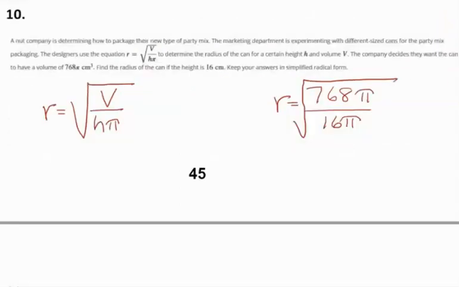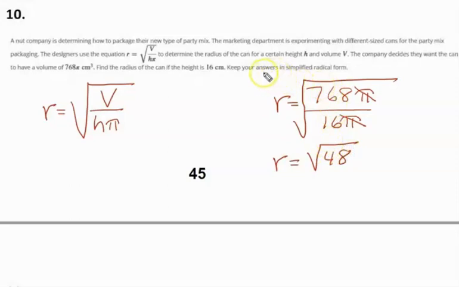Now, for number 10, this was a little hard to read. And there's the formula they're giving us, and this symbol here is pi. So as we substitute these values into our radical sign, notice that the pi's cancel out. So when we divide 16 into 768, we get r equals the square root of 48.